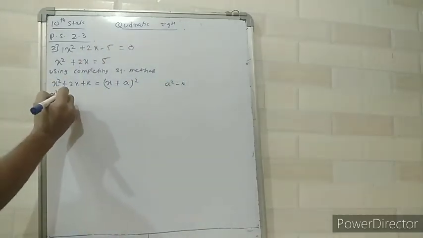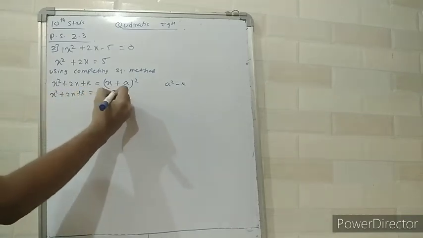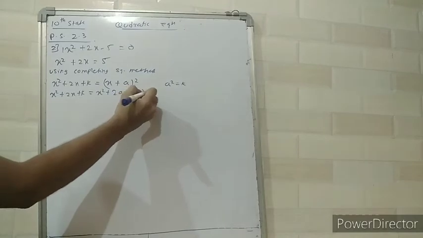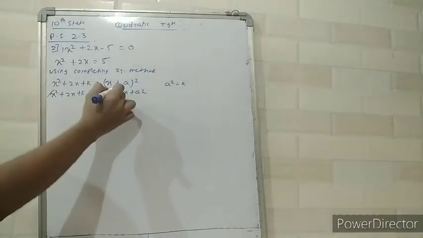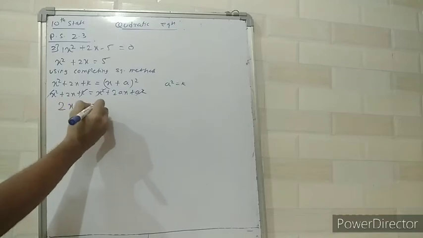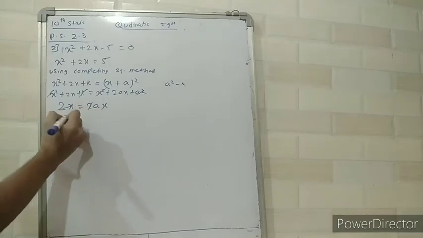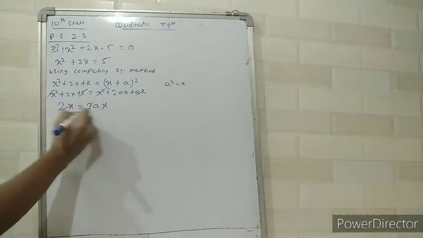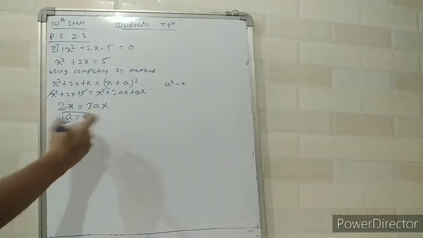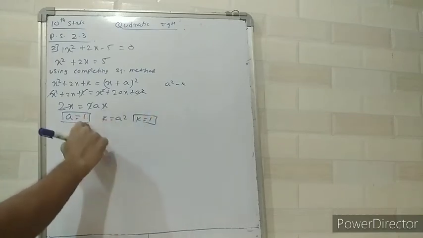So x square plus 2x plus k is equal to x square plus 2ax plus a square. So x square cancels, k and a square cancel. I have 2x is equal to 2ax, where 2 and x get cancelled. So the value of a is 1. Okay, so a is 1, so k is also a square, therefore k will be 1, because the square of 1 is 1 itself.